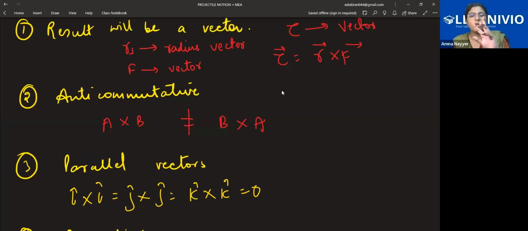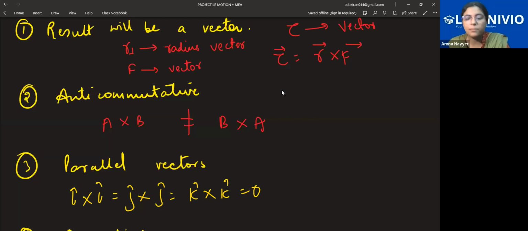Anti-commutative means you cannot change. Like subtraction is anti-commutative. We know 5 minus 3 and 3 minus 5 are not the same. So whenever we are subtracting, we have to keep this in mind. So similarly, cross product is also anti-commutative. A cross B is not equal to B cross A.